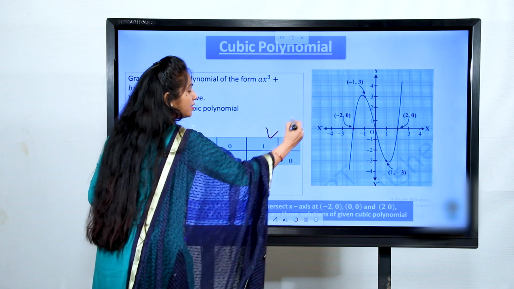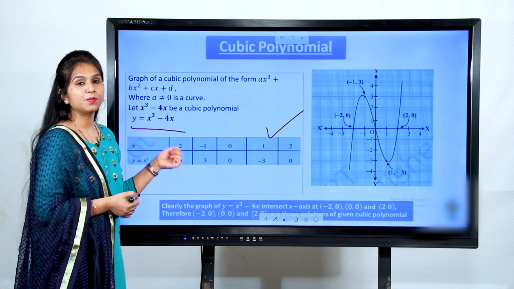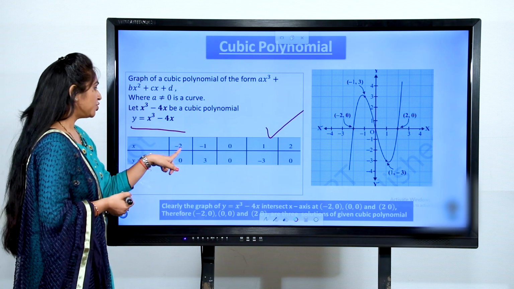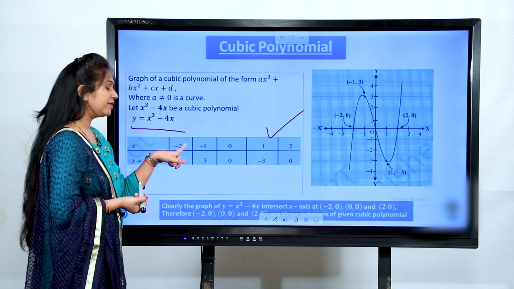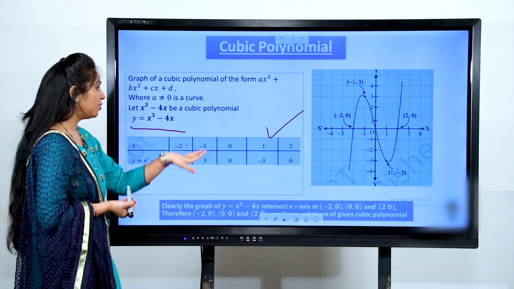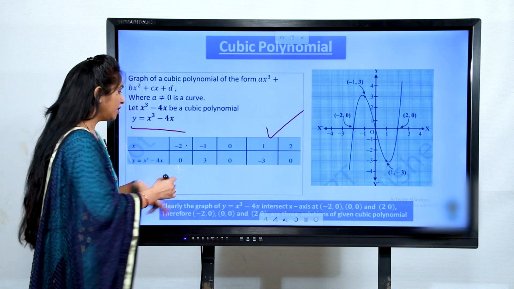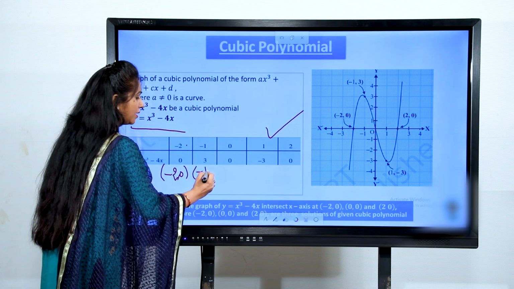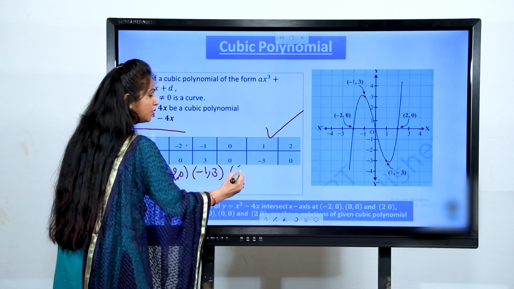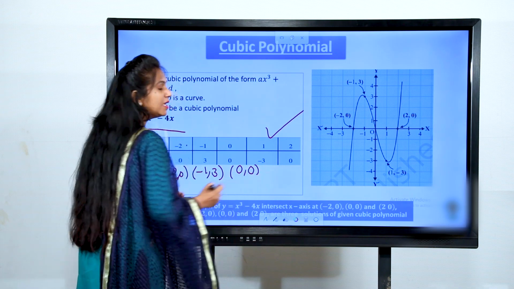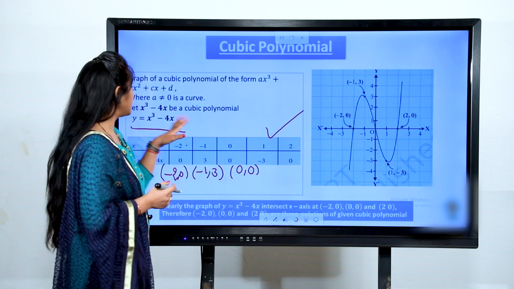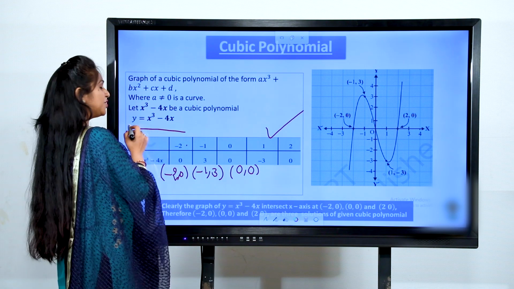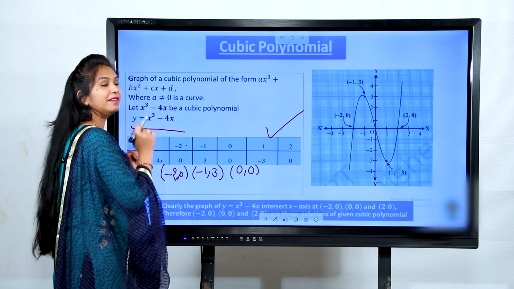This is a solution table for this particular cubic equation. Initially we substituted x equal to minus 2, we get y equal to 0, minus 1, we get 3. So minus 2 comma 0, minus 1 comma 3, 0 comma 0, and so on. These are all solutions of this particular expression y equals x cube minus 4x.